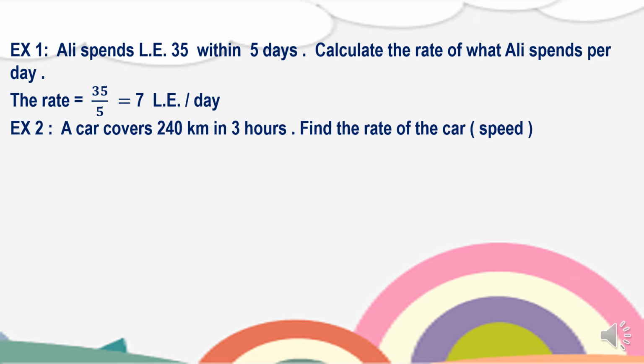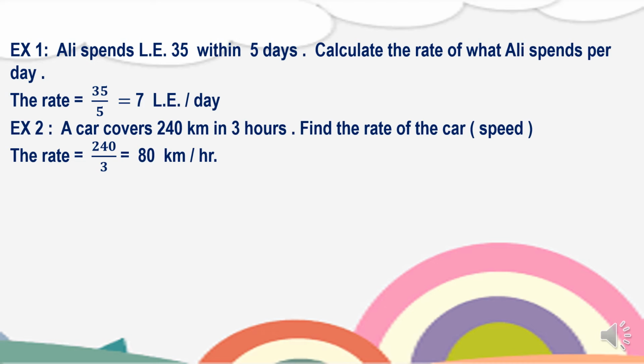Exercise number 2. A car covers 240 kilometers in 3 hours. Find the rate of the car, or maybe we can say the speed of the car. The rate equals 240 kilometers over 3 hours.